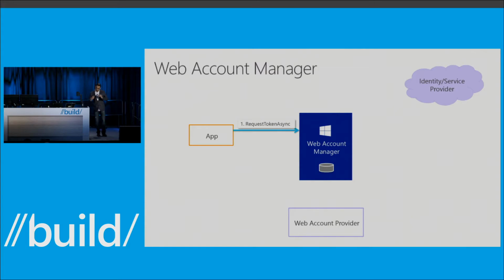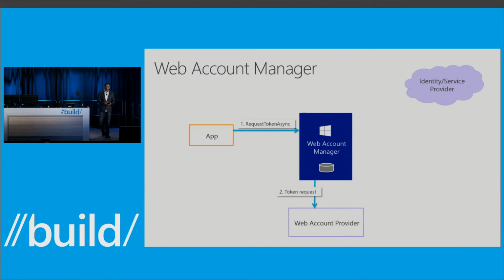Another thing, before I keep going, I want to highlight. Here, the app, the orange box, and the Web Account Provider, the box at the bottom, they're just Windows universal apps. They're just apps. After Web Account Manager is able to ascertain that, yes, I have this provider available, this app is installed, it activates the corresponding Web Account Provider application and passes in all the context that it got from the original calling application, along with things like the package family name, so that the Web Account Provider has all the context.